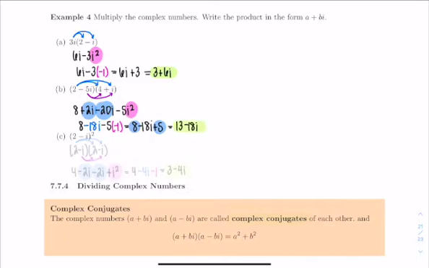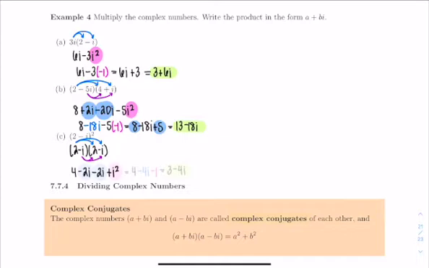Let's try another one. 2 minus i squared. First thing I'm going to do is write this twice, and then I'm going to FOIL it just like I did in part B. So we have 2 times 2, which gives me 4, minus 2i, minus 2i again, plus i squared.